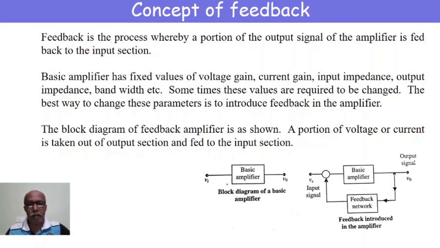The basic amplifier that I have shown in figure 1 is said to have fixed values of voltage gain, current gain, input impedance, output impedance, and bandwidth. All these values of a basic amplifier are fixed, and this is just a block diagram of a basic amplifier.